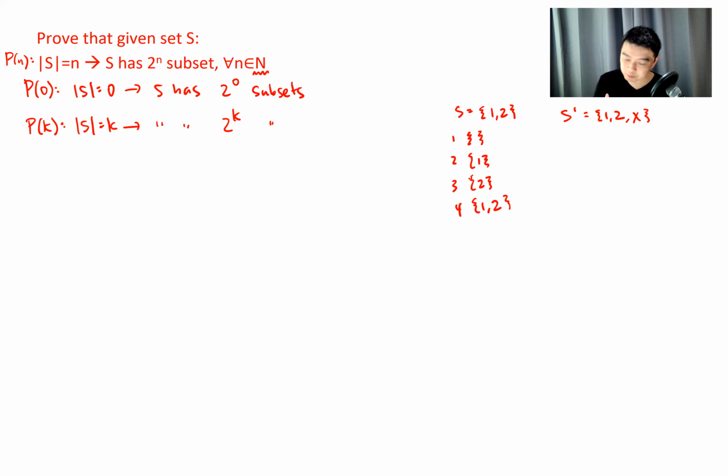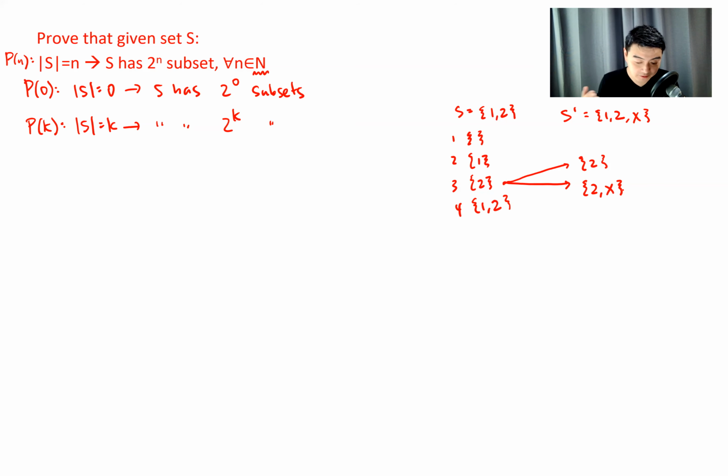So if I want to come up with a subset for S prime, the first thing I can do is take one of the subsets for S. What is another subset of S prime? Well, it's the subset that I just took along with X. And now I can make this argument for every one of the subsets that I had in S. Okay, so I'll say that one more time.